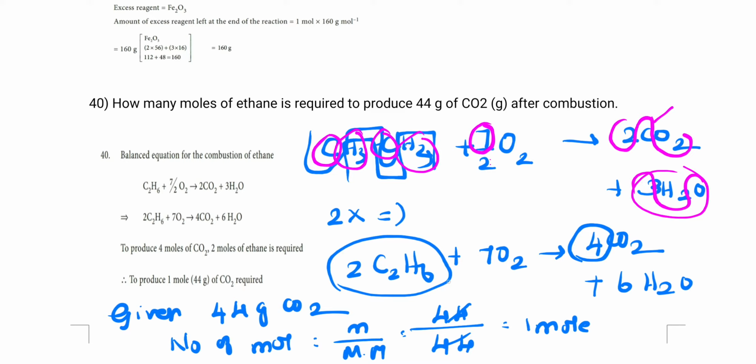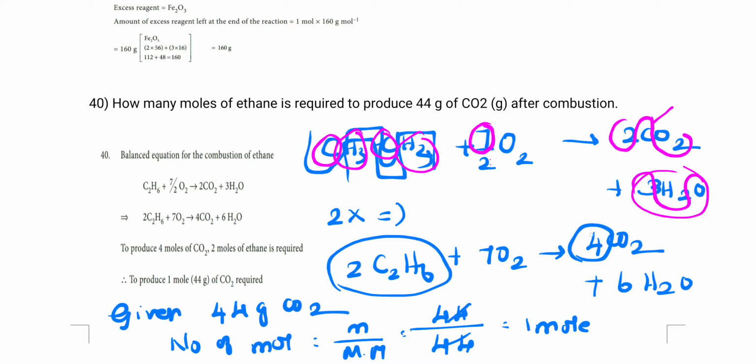So 2 moles of ethane, 7 moles of oxygen give 4 moles of carbon dioxide and 6 moles of water. Now what has been given is 44 grams of carbon dioxide. The number of moles is equal to mass by molecular mass, 44 by 44, which is 1 mole.